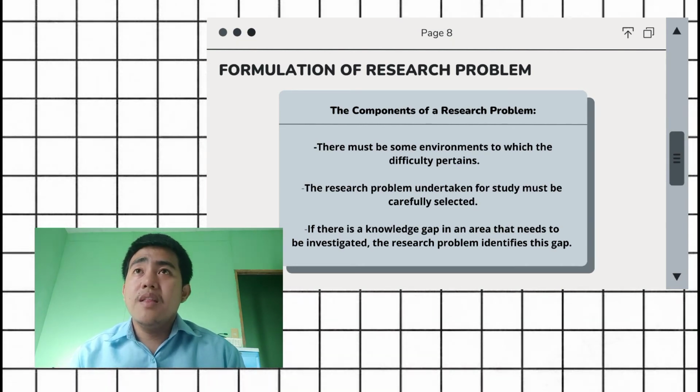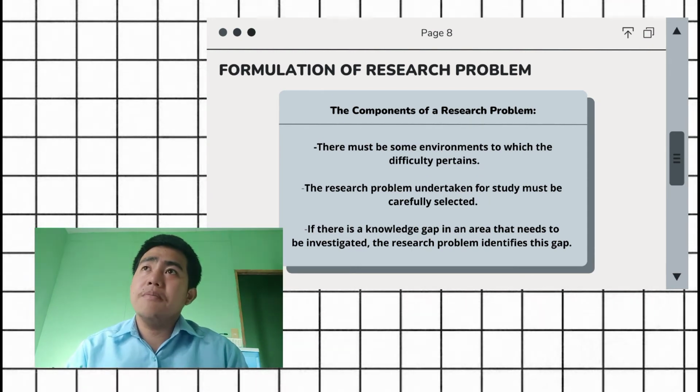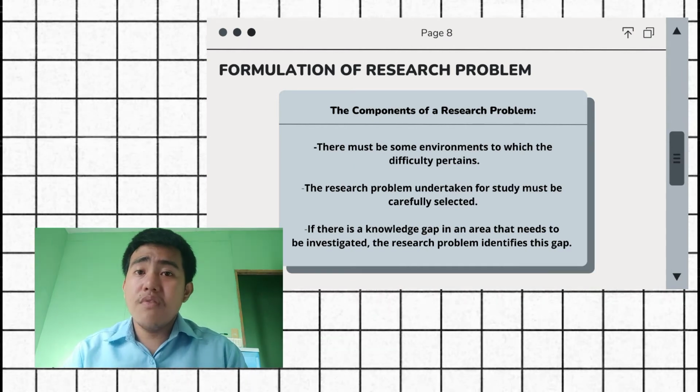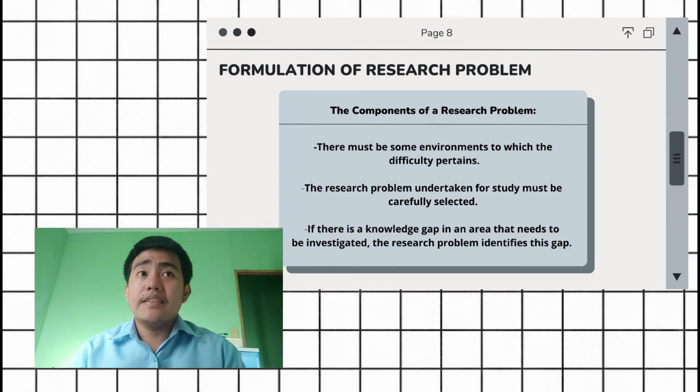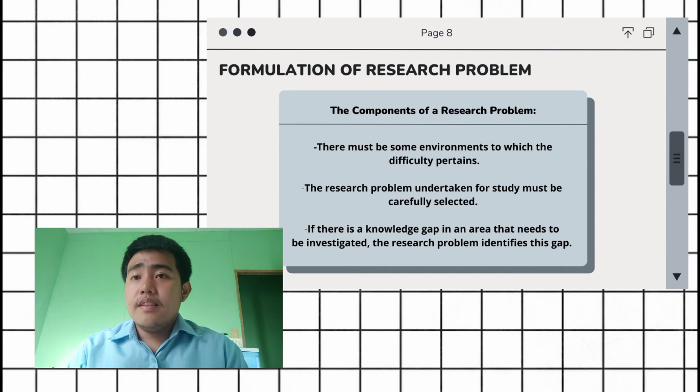Hindi naman natin pwede sabihin na pwede nating isolve yung crisis sa petrolyo ng tayo-tayo lang, di ba? Hindi natin masasolve yung problem sa petrolyo sa pagtaas at pagbaba dahil simpleng tao lang tayo. Hindi naman natin hawak ang pagtaas at pagbaba ng petrolyo gaya niyan. Dapat ingatan natin ang pagpili ng problem.